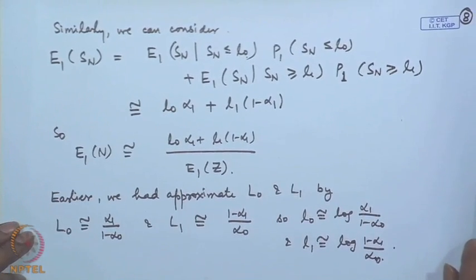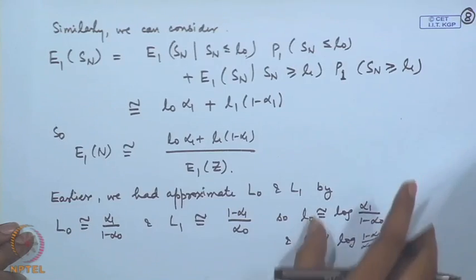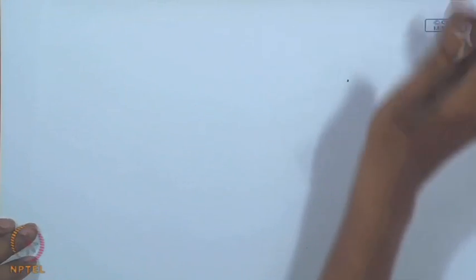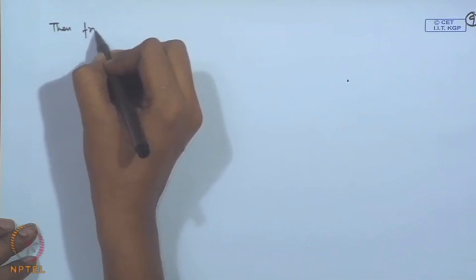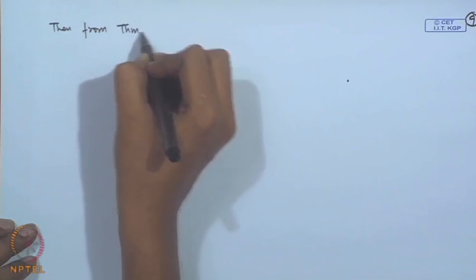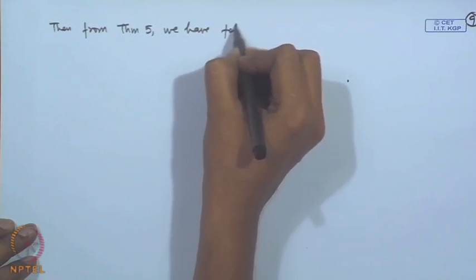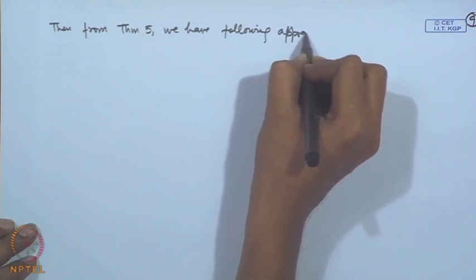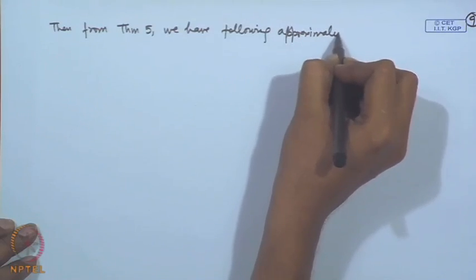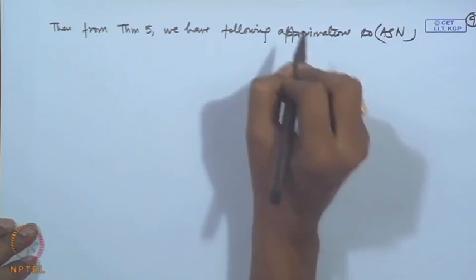On this, if I apply theorem 5's approximation, because I can substitute this L naught and L 1 here, then from theorem 5 we have the following approximations to average sample numbers.